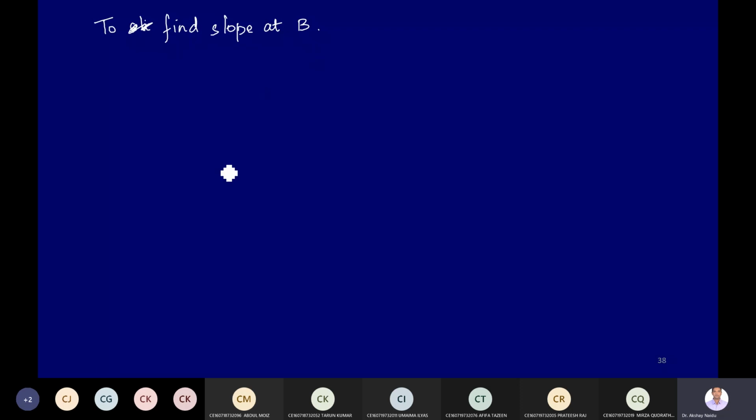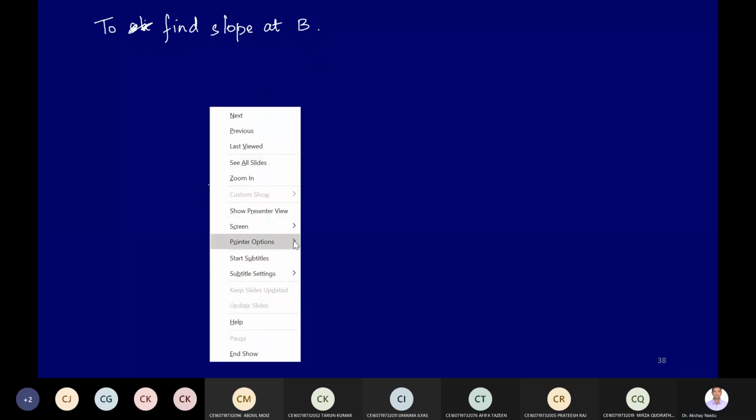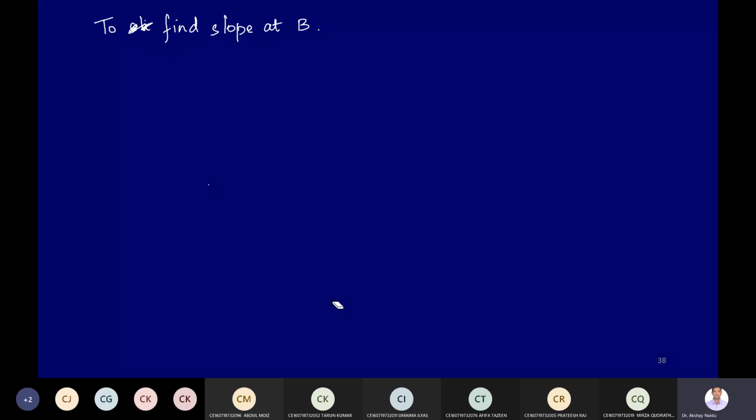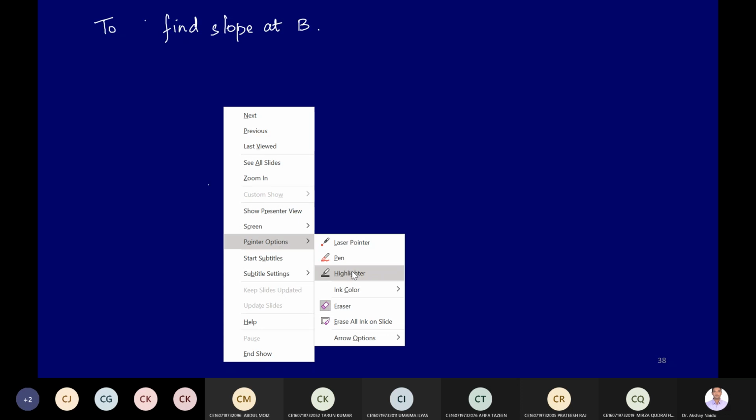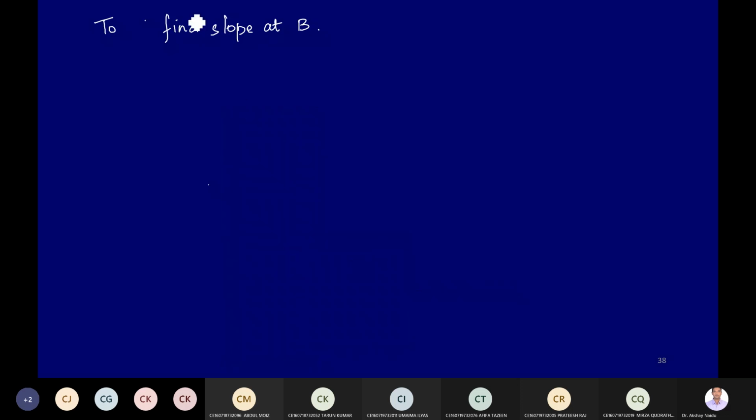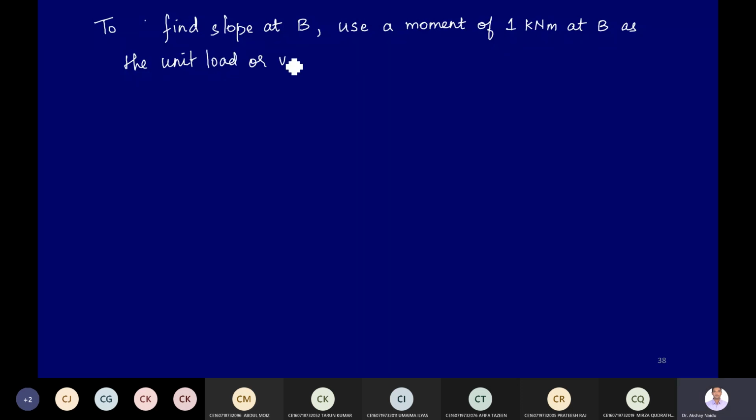Now to find the slope at B, use a moment of 1 kilonewton meter at B as the unit load, or virtual load.